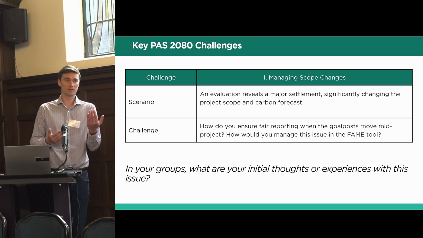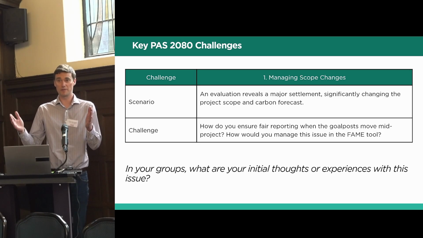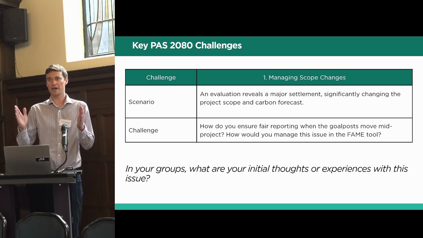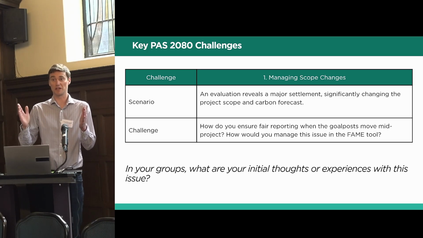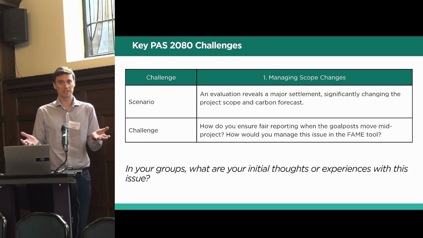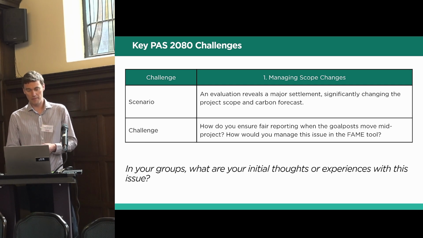A forecast that was correct at the start of the project, but where the scope of works has completely changed, could leave you with an actual way higher than your forecast because you've done a lot more work than you were planning. This is one of the challenges. The tool itself is able to do that, but you've got to be quite cognizant when you're doing it.